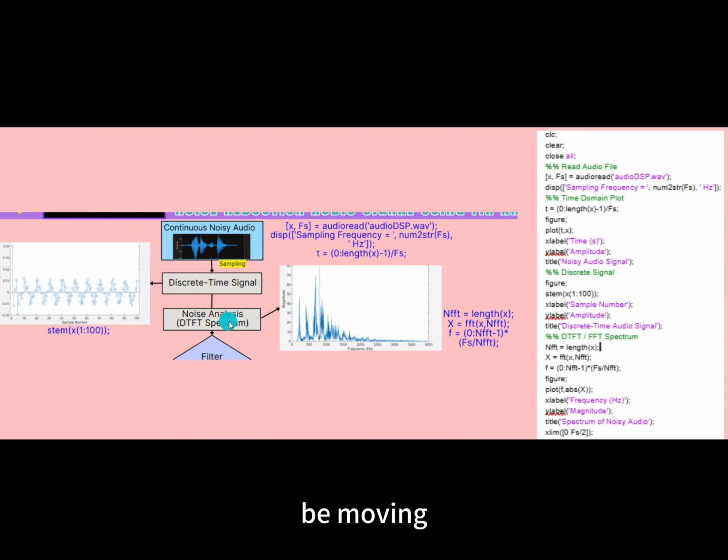So we will be moving next to the noise analysis, which is this code. So it is to remove the noise, but before that we need to convert the signal from the time domain into the frequency domain using FFT. So we'll be calculating the frequency vector F relative to our sampling rate.